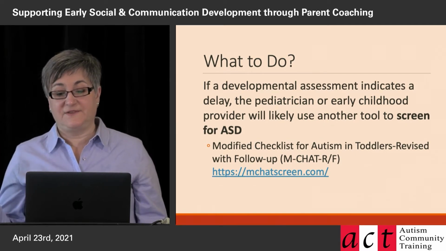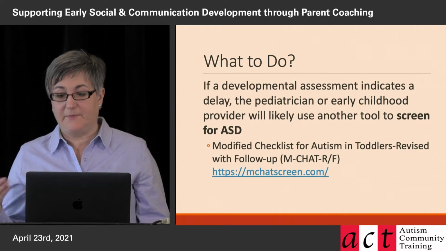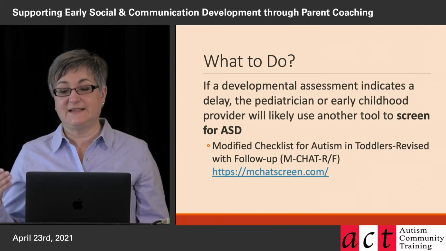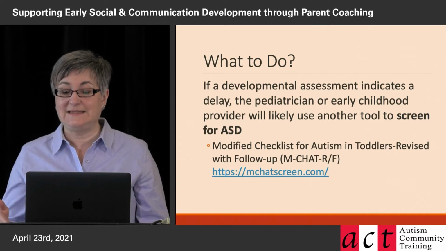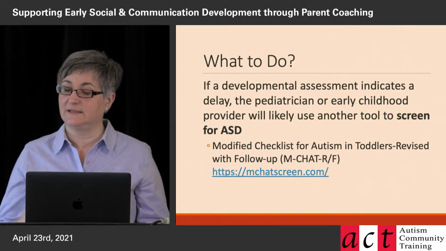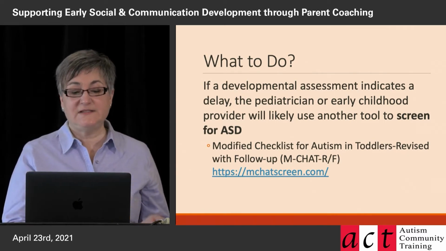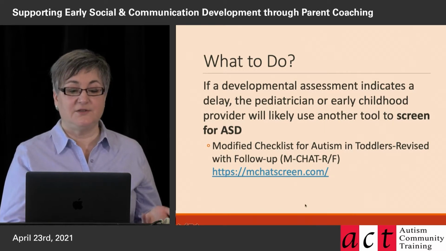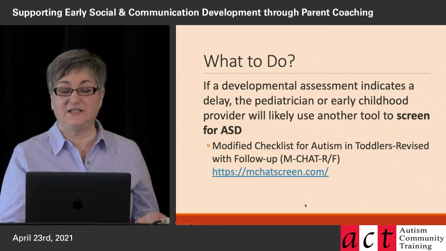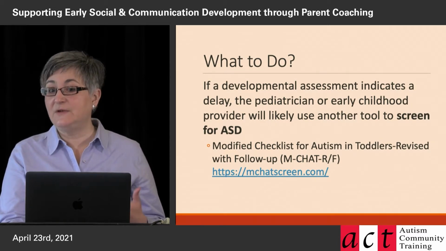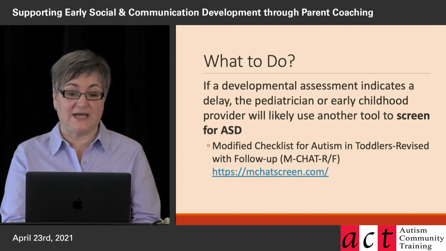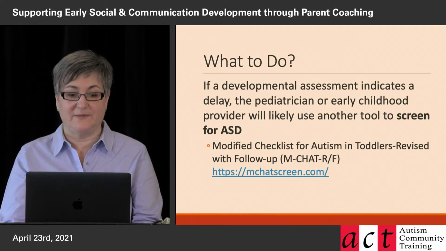So then if that screen is positive, then that suggests that further assessment is recommended, and in this case, assessment that's autism specific. So here is an example of such a screener, the Modified Checklist for Autism in Toddlers, the MCHAT. And this is the screener that we used in the PACE coaching project, and Pat will tell you a bit more about that later.